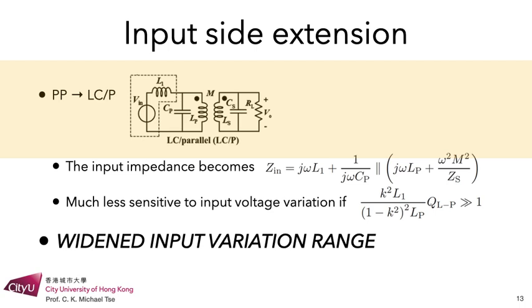So in summary, this kind of extension has the advantage of widening the input variation range. In other words, the circuit will be able to cater for a much wider range of input variation.